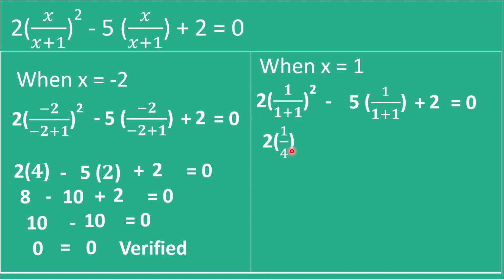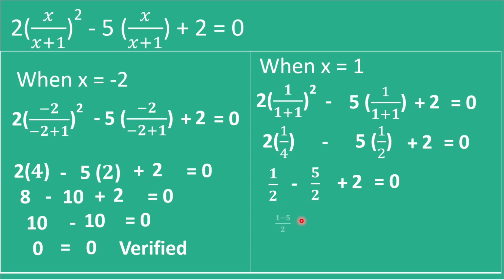So 2 times 1 divided by 4 minus 5, and this will become 1 divided by 2. So overall this will become minus 5 into 1 divided by 2 plus 2, which is equal to 0. And now this will become 1 divided by 2 minus 5 divided by 2, and then plus 2, which is equal to 0.